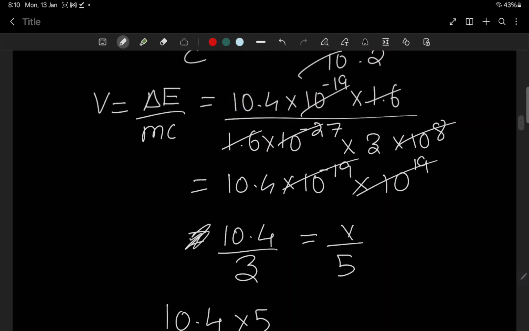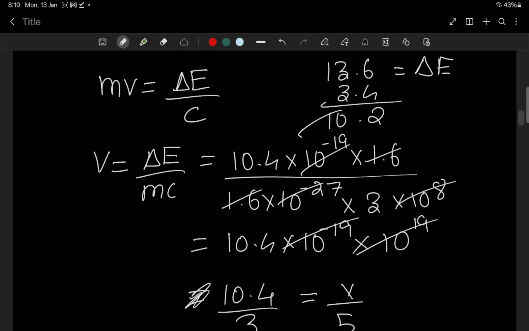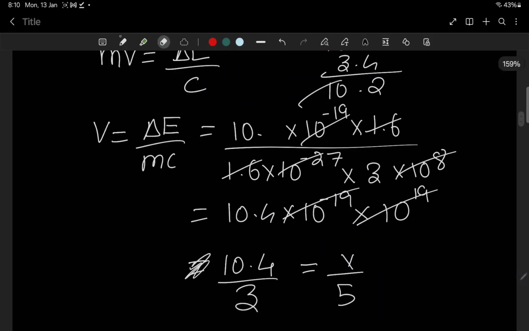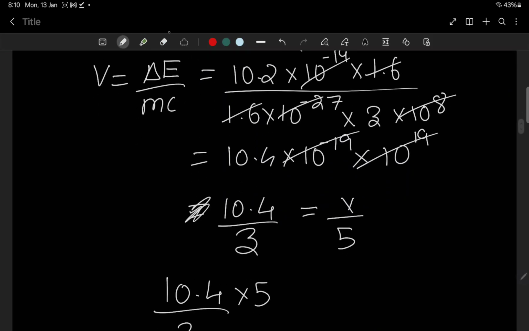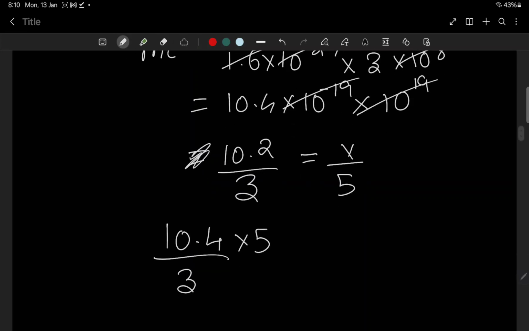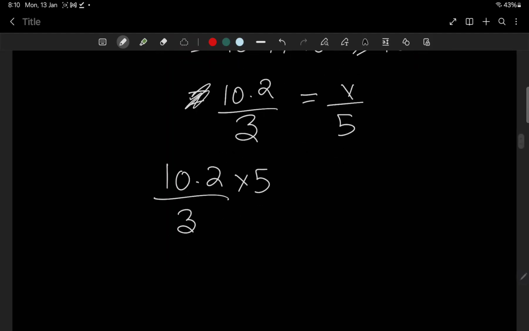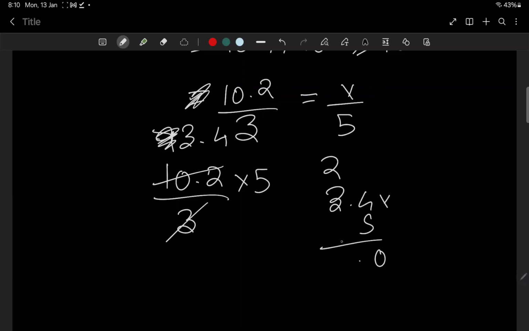It's 10.2, not 10.4. That was a mistake, and I also thought it should be divisible by 3, otherwise this is never possible. This can be written as 3.4 into 5, that is 17.